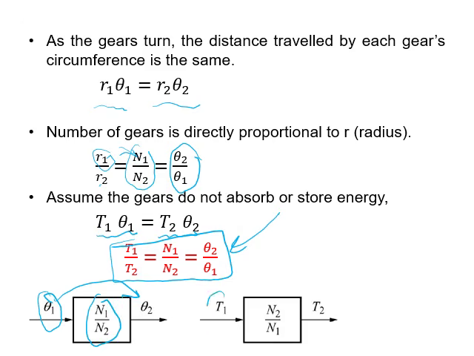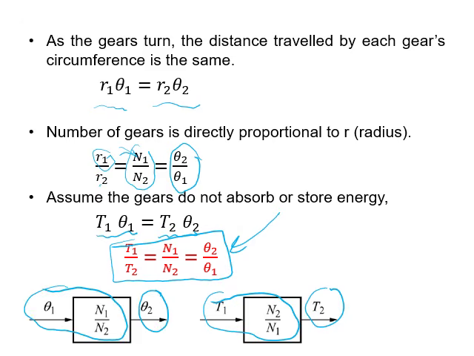And if I want to go from T1 to T2, we multiply T1 by N2 over N1. This is what we want to know. So I can say here, in terms of a transfer function, T2 equals T1 times N2 over N1, and theta 2 equals theta 1 times N1 over N2.